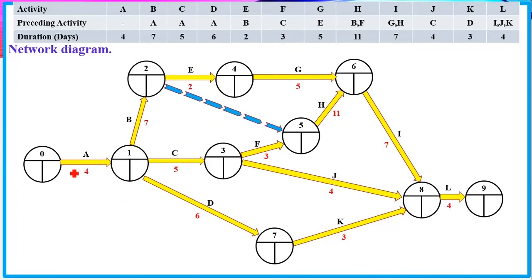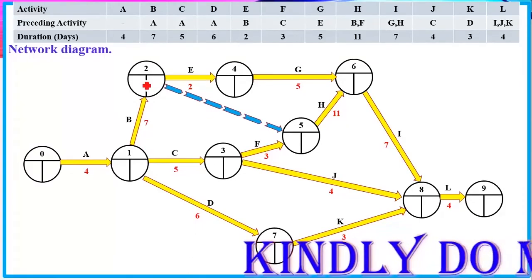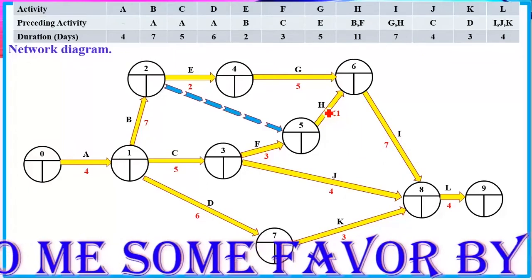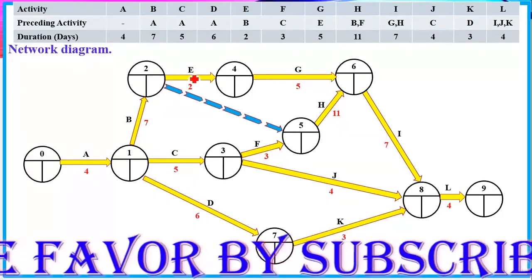We have activity A connected to B, C, and D, B connected to E, E connected to G, G connected to I, which is connected to L, then C is connected to F, F connected to H, then C is also connected to J, connected to L, then we have D connected to K, then to L, and lastly we have a dummy activity here between B and H, and I have labeled that and included the number of days.